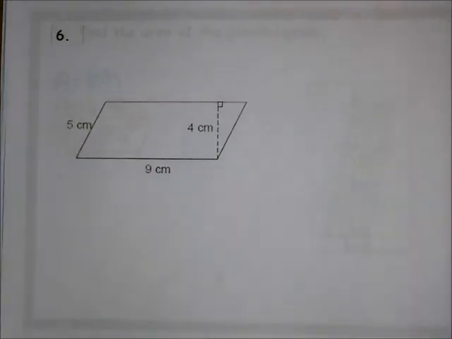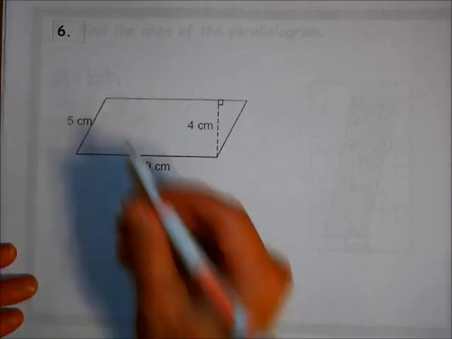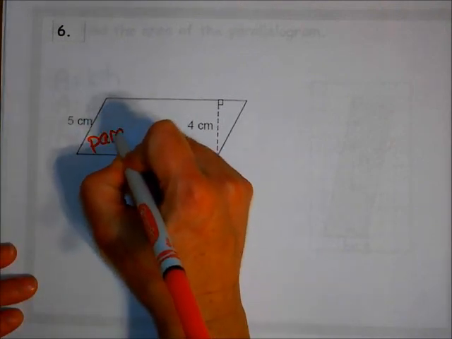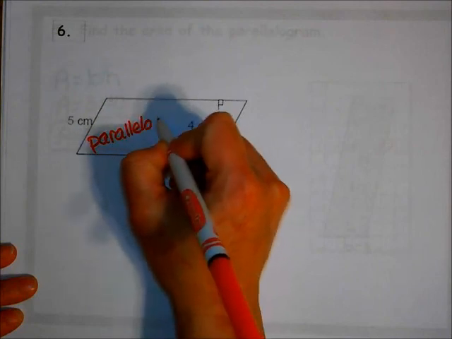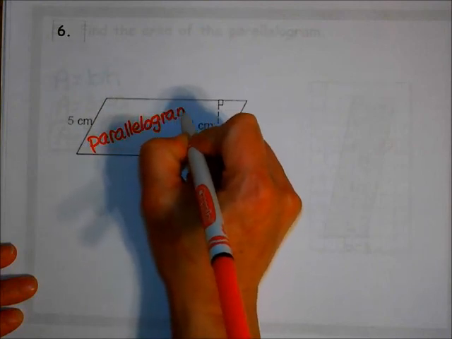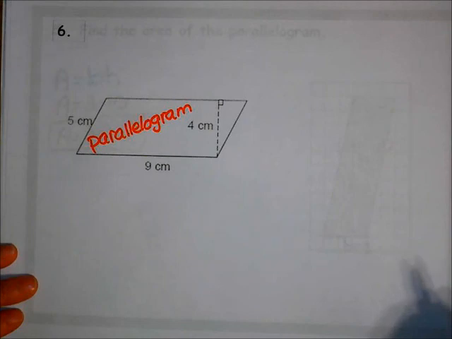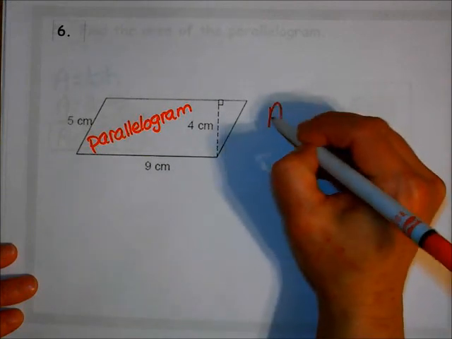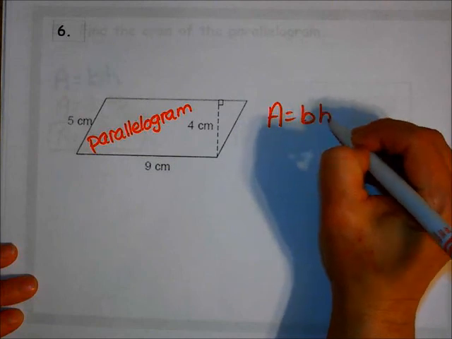Number 6. We need to know that number 6 is a parallelogram. So the first thing I need to do is look at my formula chart and find my formula for area of a parallelogram. And it is base times height.